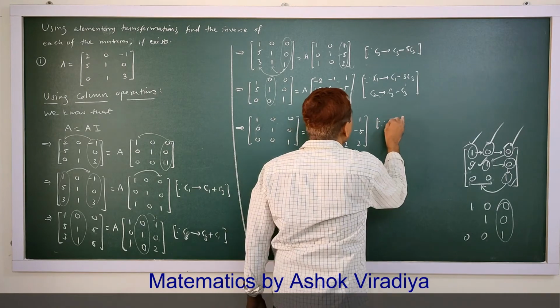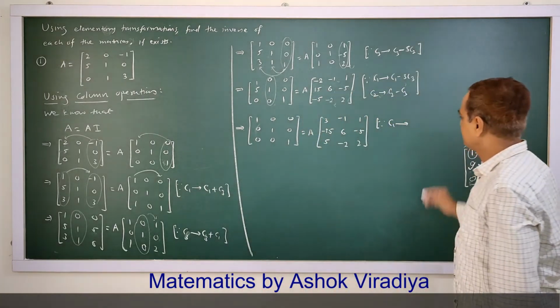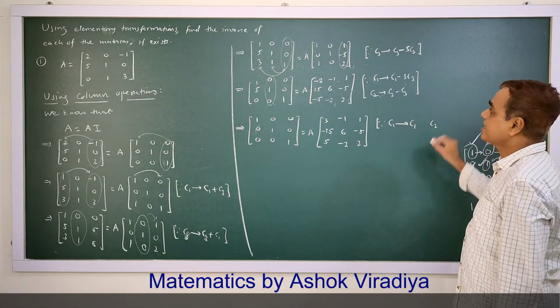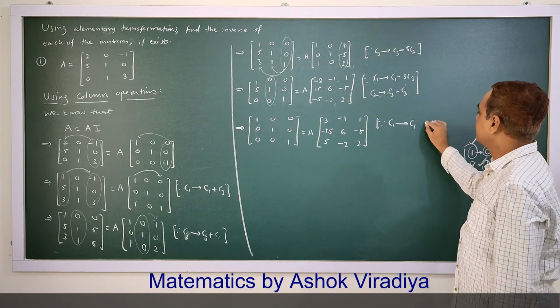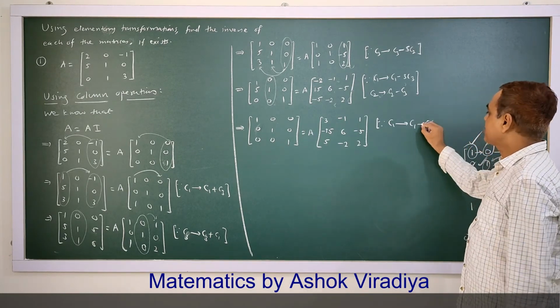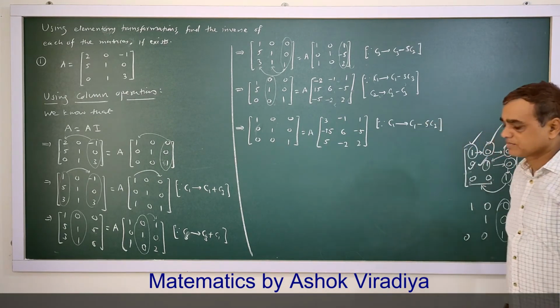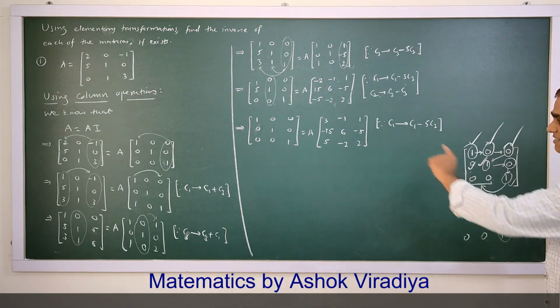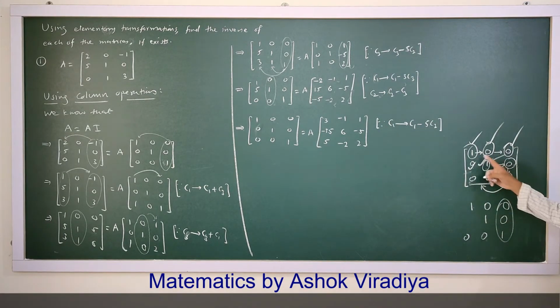What is done here? In the first column, the second column, after multiplying by 5, is subtracted in the first column. And look, on the left hand side, we have obtained the unit matrix.